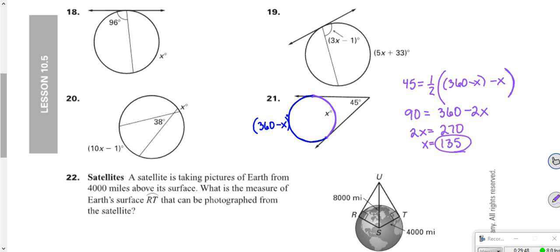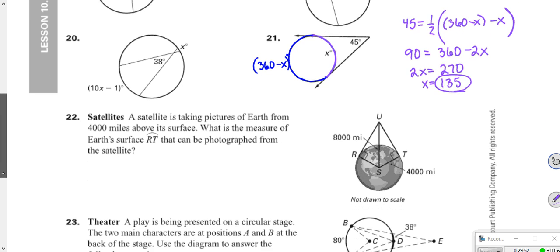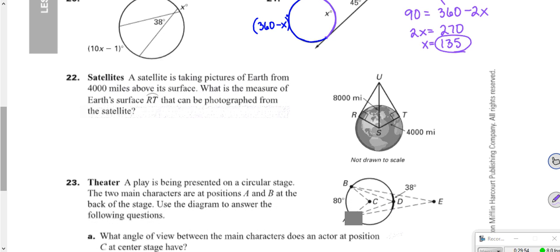Now, I don't want to spend a whole lot of time on 22. I didn't really like the picture or the way it was explained, but here's my tip to you. So this is where the satellite is, and here's the point T and the point R that are on the Earth. And we are trying to find this arc measure.